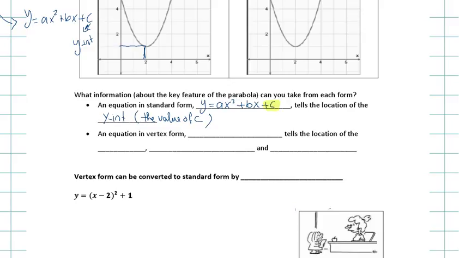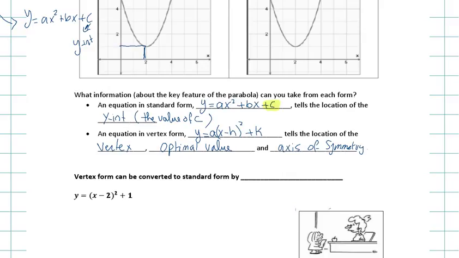Now an equation in vertex form, how does it look? y equals a(x minus h) squared plus k. It tells me the location of the vertex. Other than the vertex, what else? Optimal value, and axis.